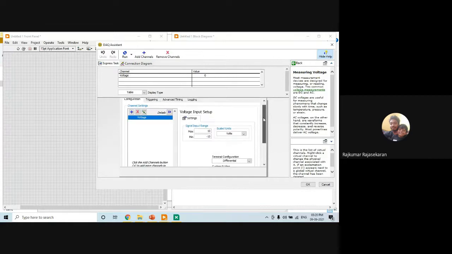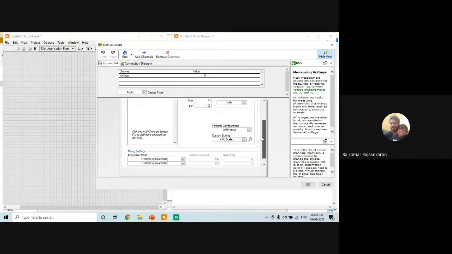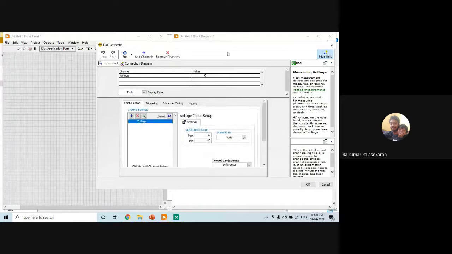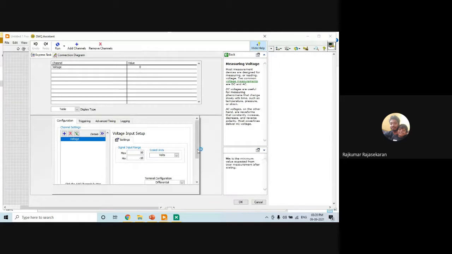Here, if I want to change anything, I can change it, but I'm not going to change anything. Depending on the specifications of the card I'm going to use, I can control how much voltage I can measure. Of course, you have to specify the range. You have to consult the data sheet of the hardware in order to check how much voltage it can measure.